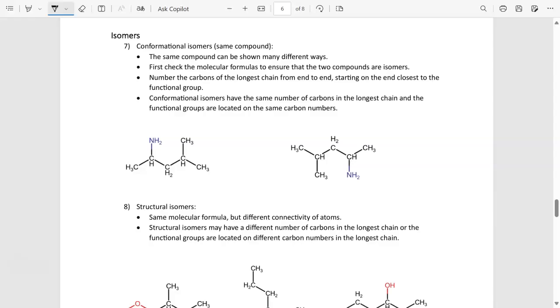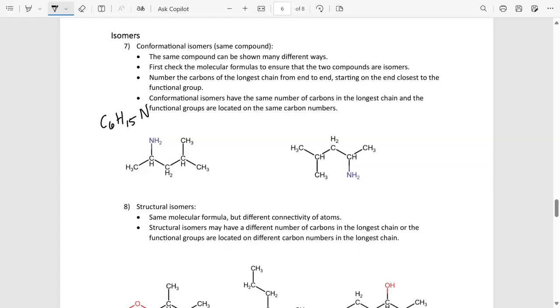So if we look at the total number of carbons in this first structure, we have 1, 2, 3, 4, 5, 6 carbons. Okay, so that is a C6. And then if you add up all the hydrogens, you've got 5, 6, 7, 8, 9, plus 6 is 15. And then we've got 1 nitrogen.